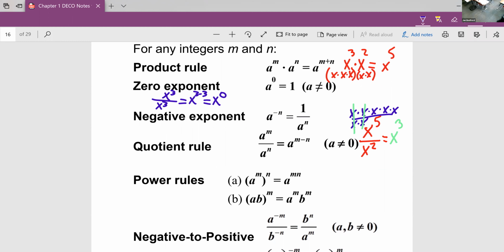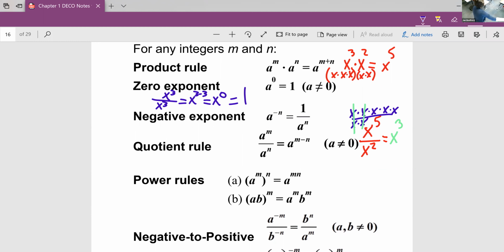There you go. That's why anything raised to the 0 power is going to equal 1. Because ultimately, to get that 0 as an exponent, it meant I had that base raised to a power on top that was the same power that was on bottom. Okay? So now we've covered product rule, 0 exponent.